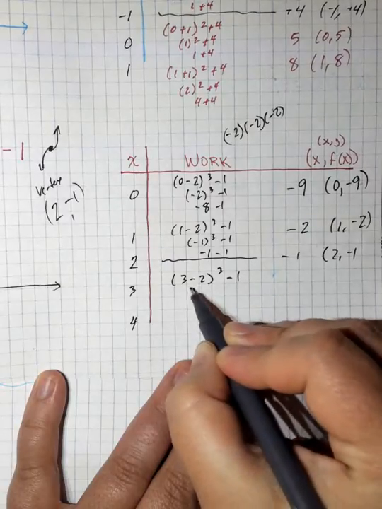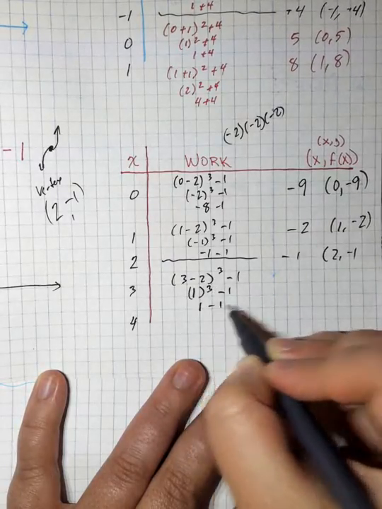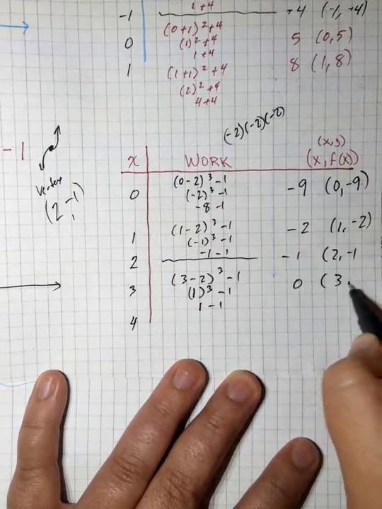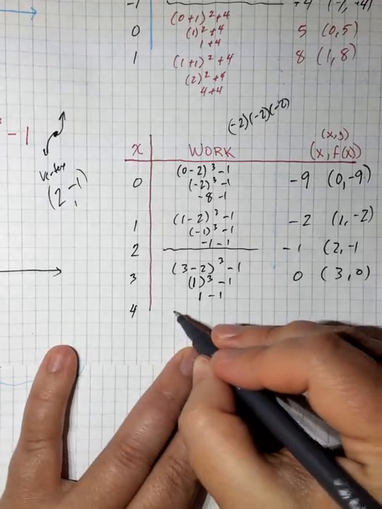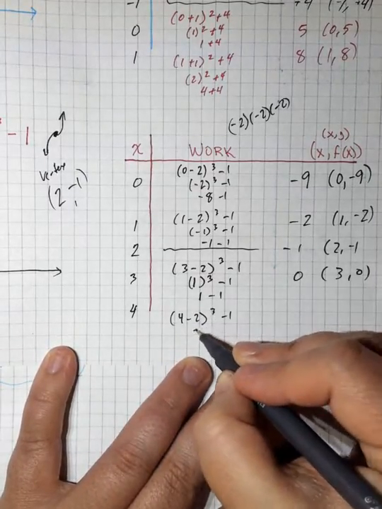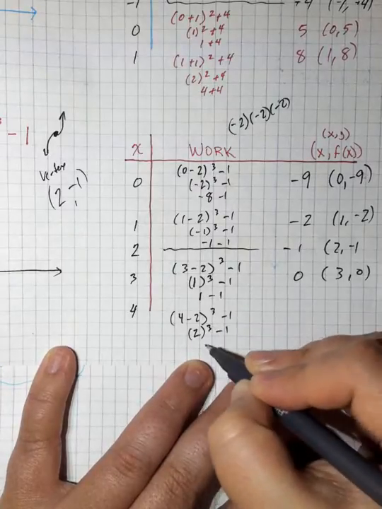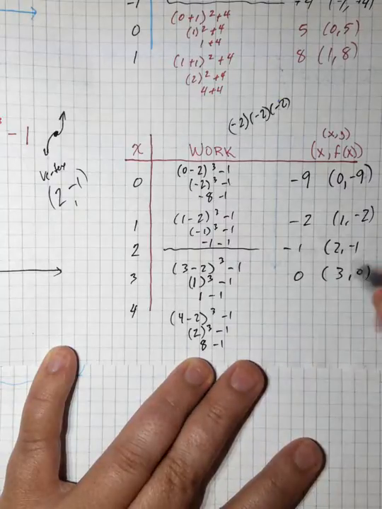Well, that's a 1. 1 cubed. 1 times 1 times 1, which is 1. Minus a 0 is going to give me a 0. Take care of my 4. 4 minus 2, well that's 2. 2 cubed, 2 times 2 times 2, well that's going to be a positive 8 this time. Minus 1 is going to give me a 7.